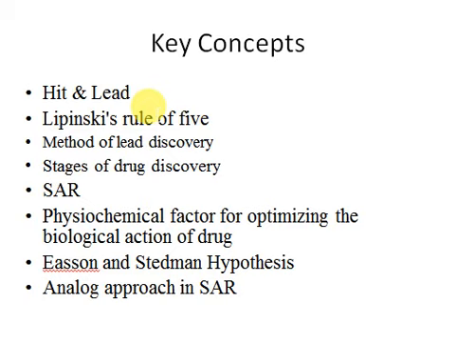What are different methods for drug discovery? And what are different stages of drug discovery? What do we mean by SAR? And what are the different physicochemical factors for optimizing the biological action of a drug? Then we shall see the Eason-Stedman hypothesis, and we will also see the different analog approaches for structure-activity relationship, right?